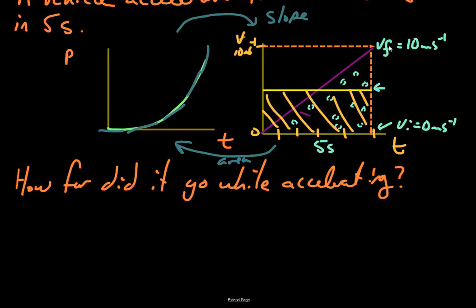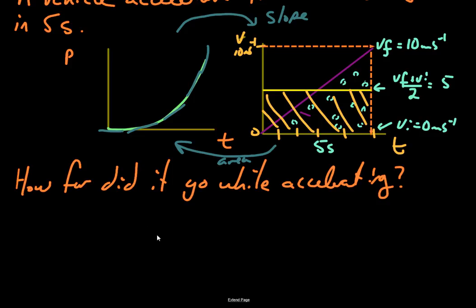What we would do is just get the average of these two values. So VF plus VI over 2, right? That would give us this. So in this case, it's 10 plus 0 over 2, which is 5, right? So what we're saying is the area under this triangle is equal to the area of this rectangle, and the value that you'd get for that is 25, right?